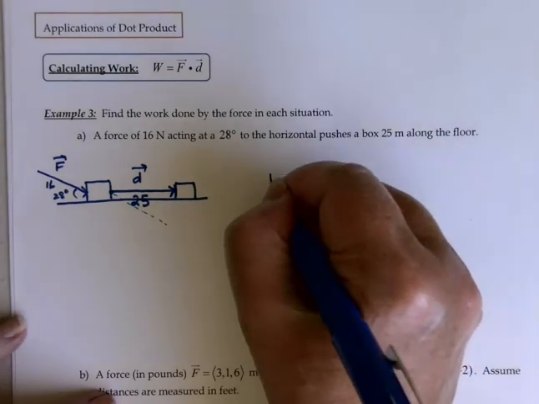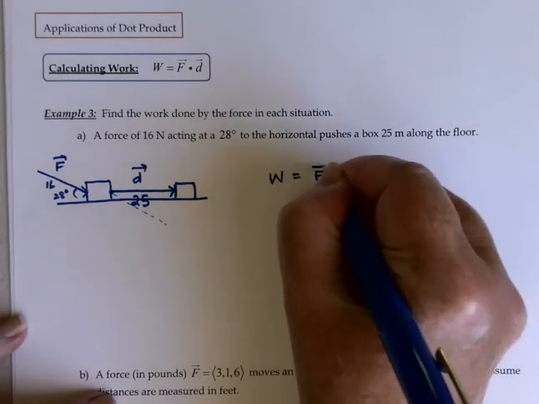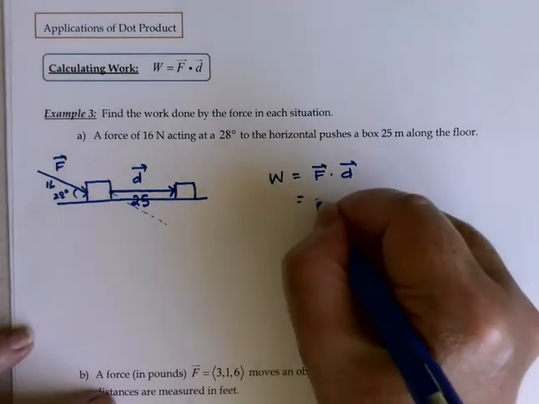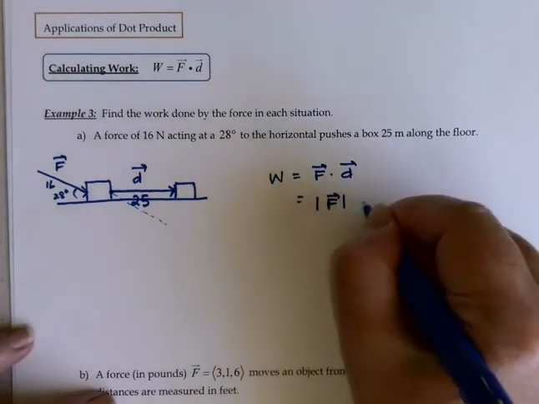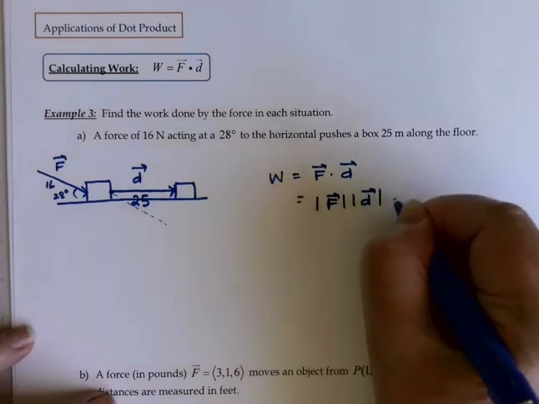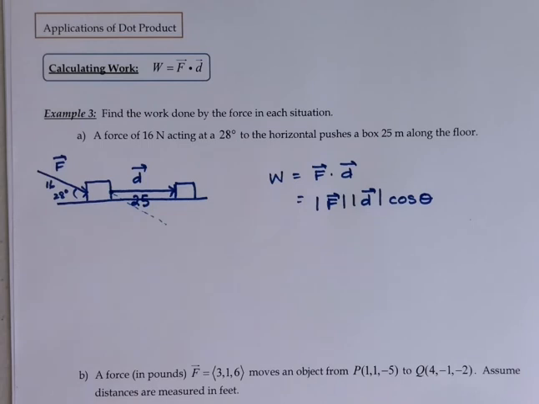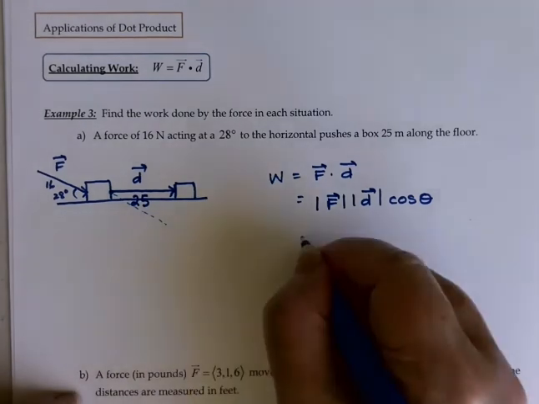So in this particular case, to do F dot D, because of the way this is presented, we know the magnitude of F and the magnitude of D, and we know the angle theta. So we might as well use that method. It's easier not having to put together the actual components in standard position.